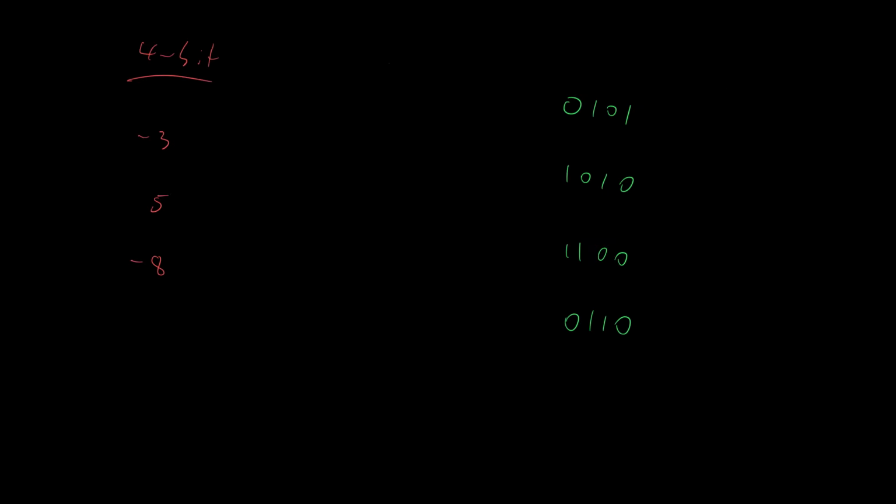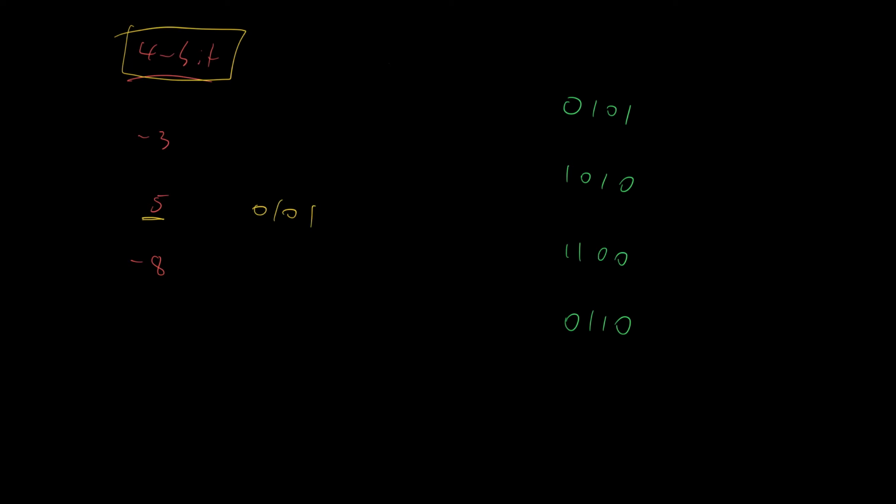There is a simple rule for converting a number to or from 2's complement. Let's first look at how to convert a number to 2's complement. We need to know how many bits to use. If we want a 4-bit 2's complement number and we're given a positive number, that's easy. We just write it normally. So 5 using 4 bits is 0101.